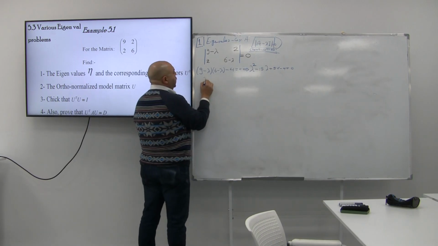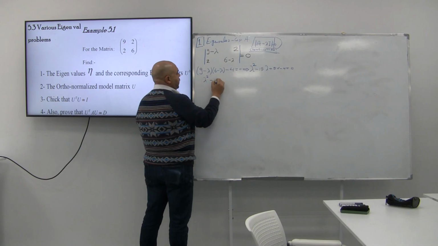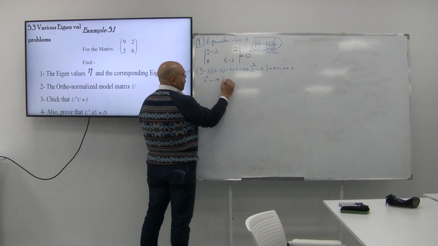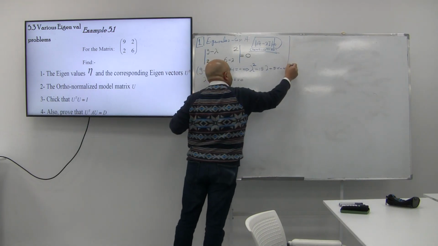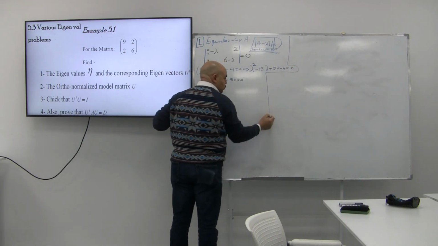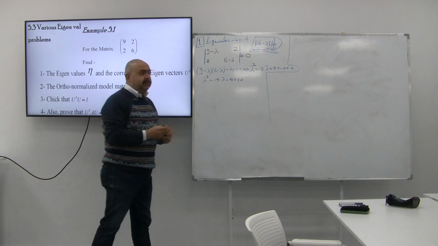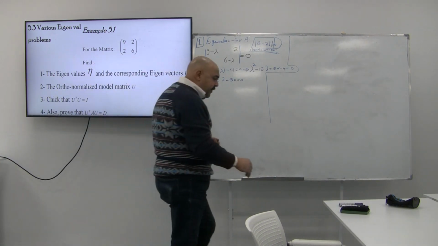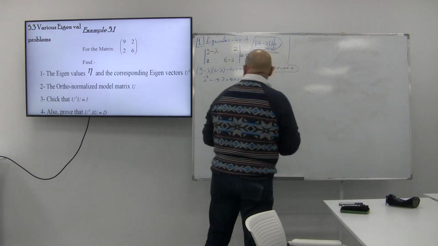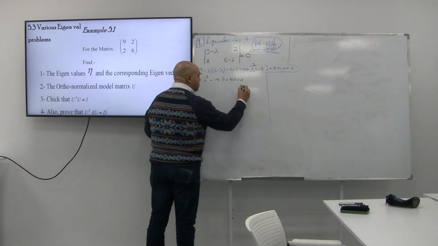I will now try to solve lambda squared minus 15 lambda plus 50 equals 0, which is the quadratic equation that I told you about. In order to solve this equation, it can be easily factorized. So I can factorize this equation to be in this form.